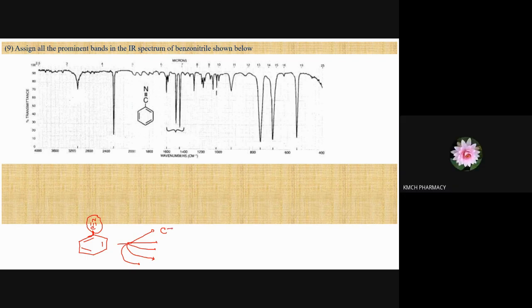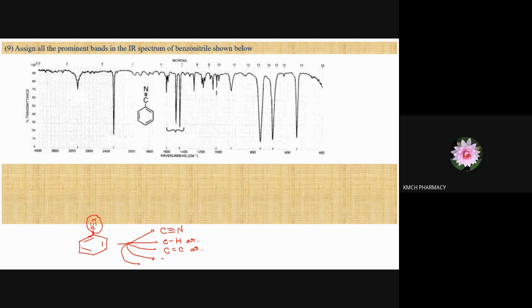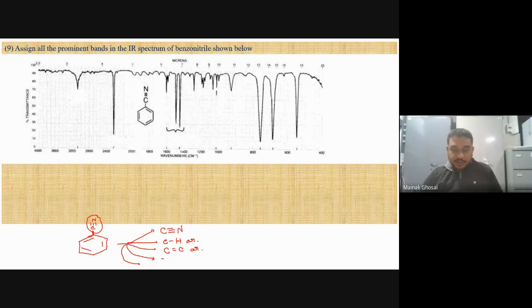We have the nitrile function. Then CH aromatic. C double bond C aromatic. Monosubstituted aromatic. Monosubstituted aromatic means you need to find some bond, right?